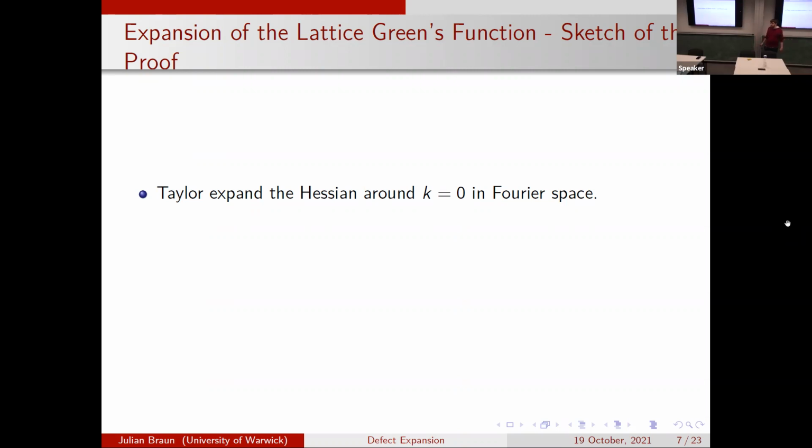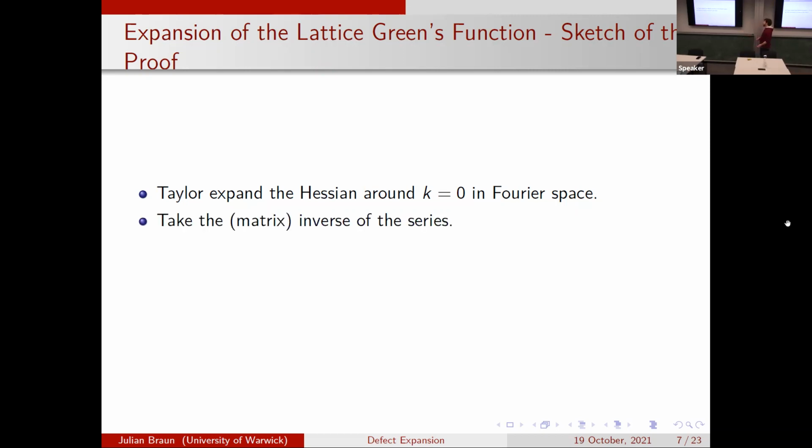Very high wavelength, this is a long wavelength limit, and so as the highest order in the Taylor expansion, you find the continuum theory. And so the Green's function is always just the inverse in Fourier space.